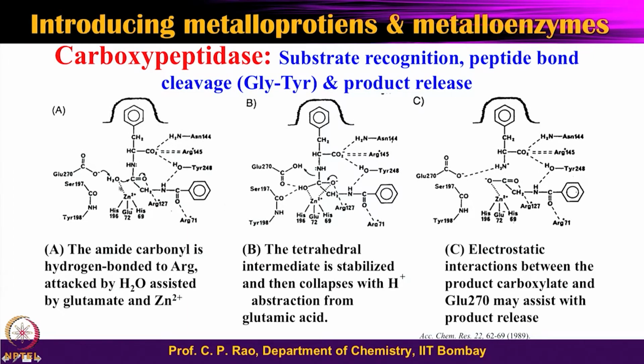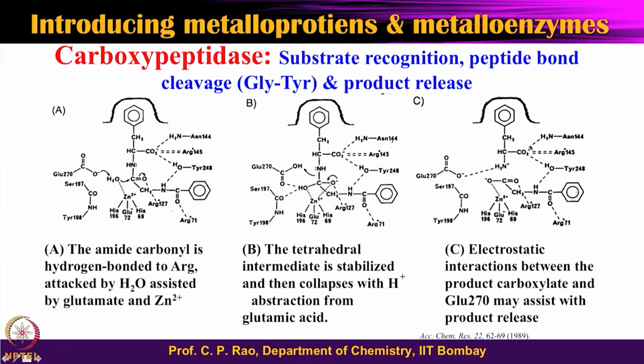Now, once this water is activated, or zinc hydroxide is created, that will create an active bond through a nucleophilic attack here, and that will give the intermediate, as you can see here. So, this is actually a step towards the breaking of the CO-NH bond, and here you can see the CO-NH bond is broken, but still the thing is connected.